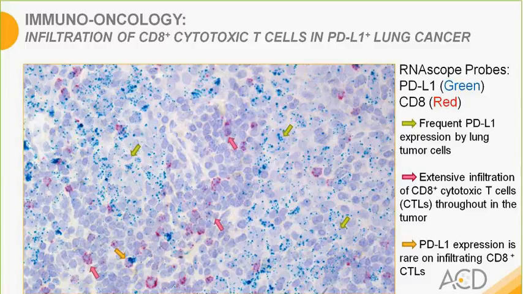In this example of a dual RNAscope assay for PD-L1 and CD8 in a non-small cell lung carcinoma, the green signals represent PD-L1 expression by lung cancer cells, shown with the green arrows, whereas the red signals represent extensive infiltration of CD8 positive cytotoxic T lymphocytes in the stroma around the tumor.